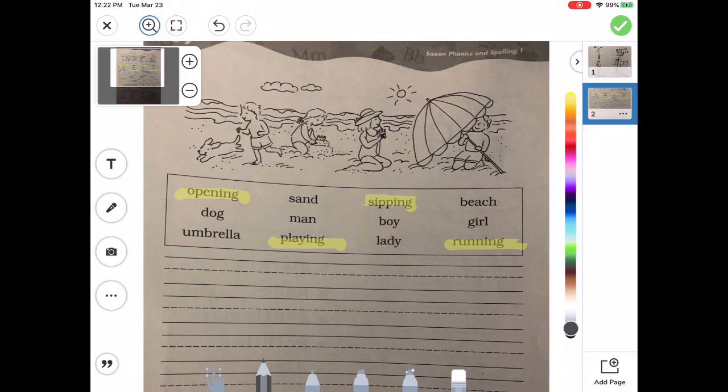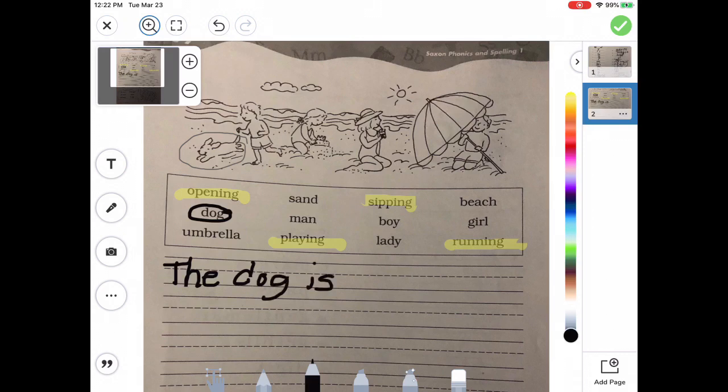And I'm just going to pick one of these words that I can read to make a sentence. Well, I see one right here. I see a dog. So I can say, the dog is, and what is he doing? He's running. That's right. So I'm going to use running.